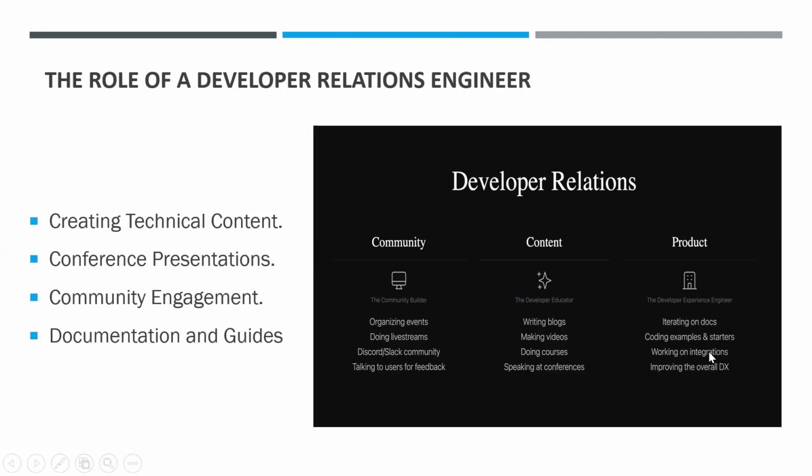Then you have coding examples. This is very important. Like I said, when you are bringing out a new product, you give them coding examples on how to get started, how to use it exactly. Because if I don't know how to use it, I'm sorry, I'm going to log out and find another product.